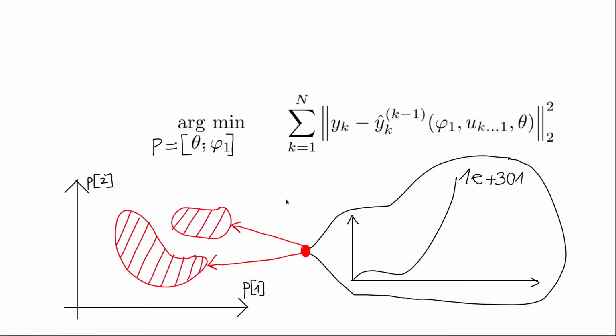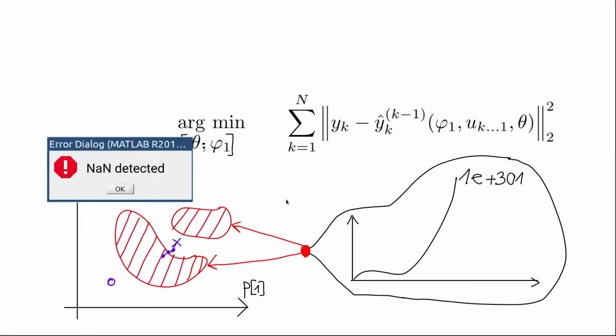If you look at the parameter space, you see that there are ranges where this happens, and if our initial value for the decision variables lies there, or the optimal parameter values lie there, then the solver might take steps, but at one point it walks into this region where the simulation is just blowing up numerically, and we get some kind of error message concerning NaNs in the matrices.